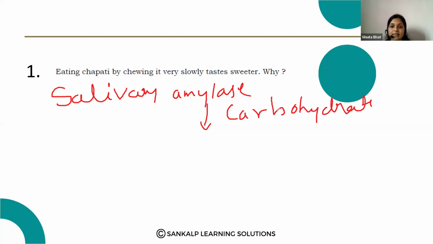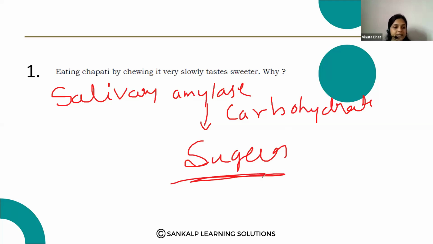The salivary amylase enzyme converts the carbohydrate present in the chapati into sugar. You know that sugar tastes sweet, right? So the chapati tastes sweet when we eat it by chewing slowly. Okay, so that is the reason.